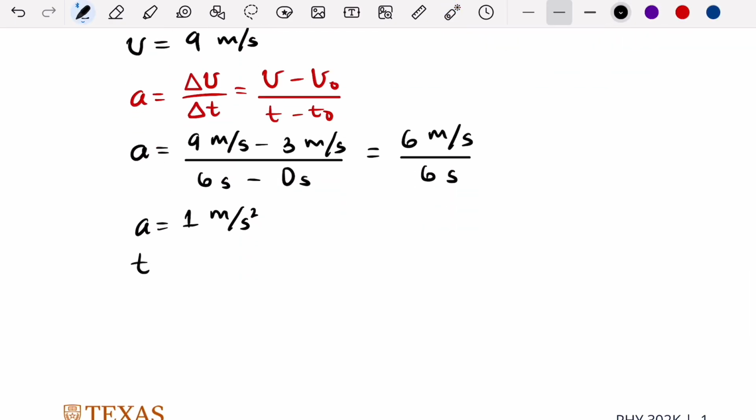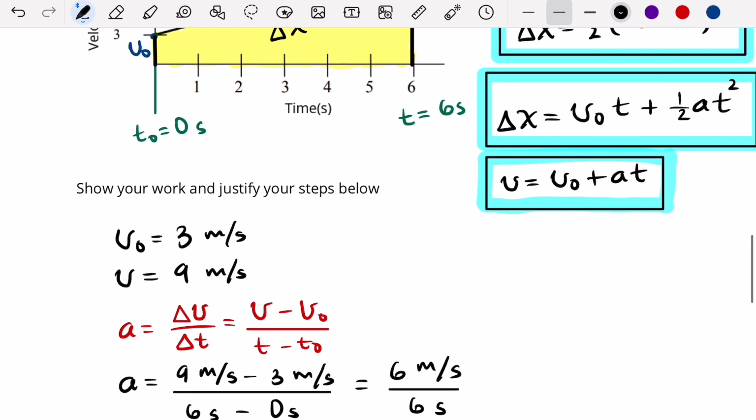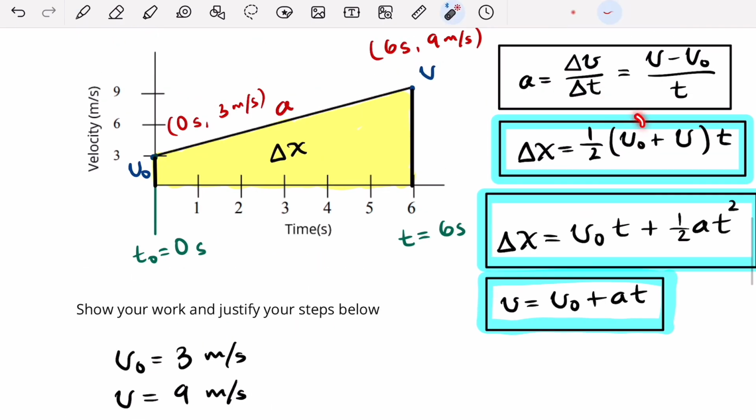Well, we use time initial, that's 0 seconds. Time final, 6 seconds. Let's find the displacement. For the displacement, you can use whichever equation you want from these two. However, I'm going to use this one just to show the trapezoid, and then we will plug this in into the calculator just to prove that we're going to get the same thing.